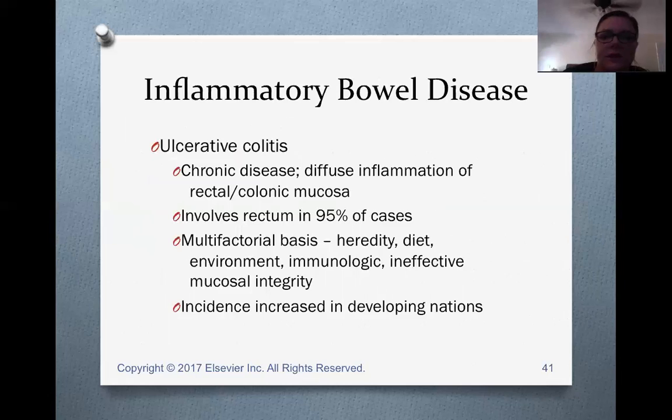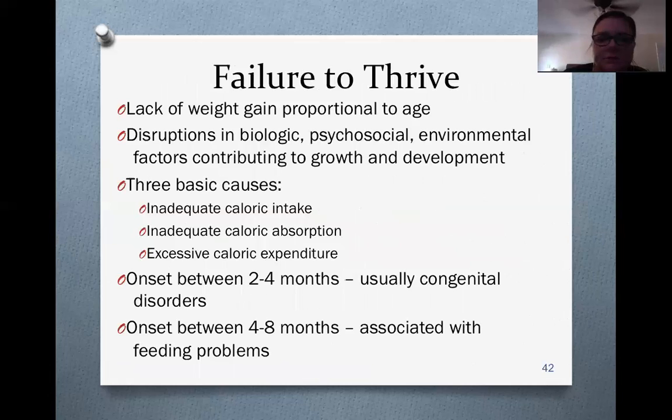So ulcerative colitis is pretty much the same exact process, but just in the colon. So we still have the diarrhea, but we don't have the extensiveness as we do with Crohn's.